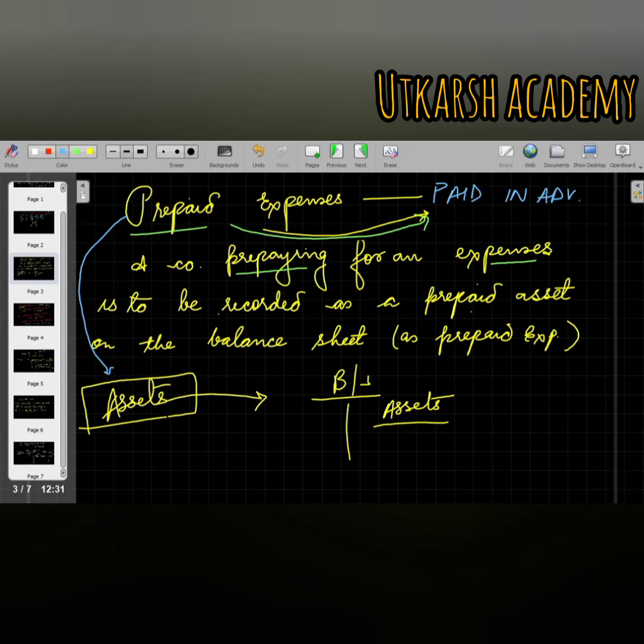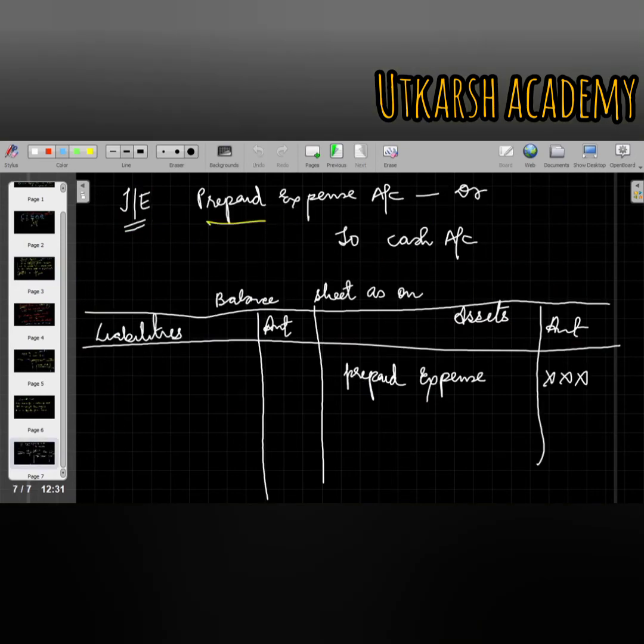And as we know, assets in the balance sheet will be shown on the asset side. See, in the balance sheet, on the asset side, prepaid expenses by the certain amount. What will be the entry of prepaid expenses? Prepaid expense account debit to cash account.